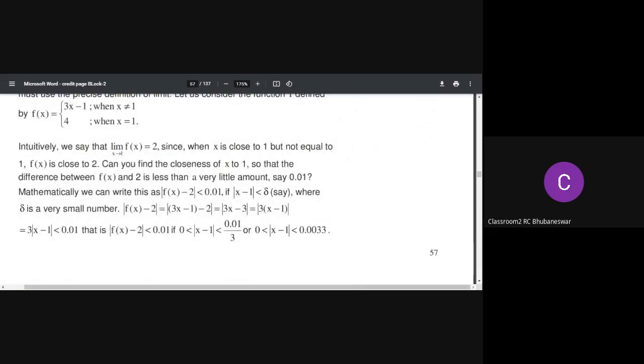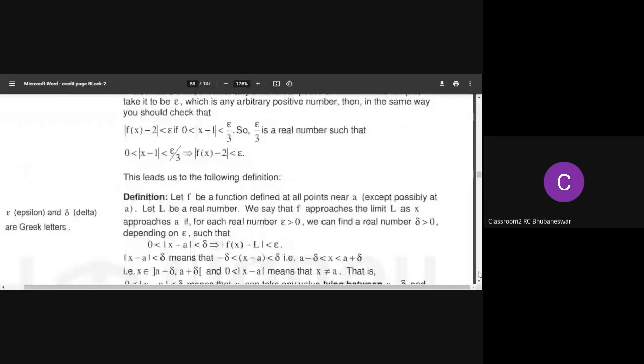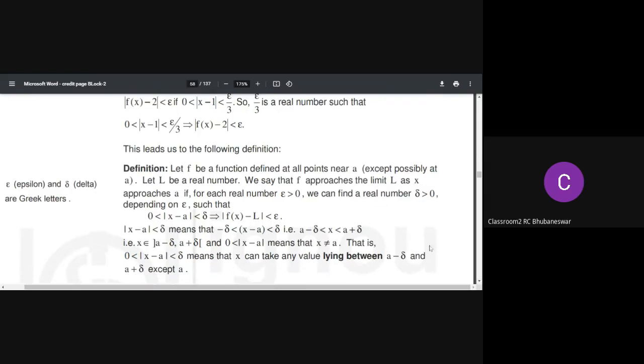So now the definition in formal approach, and the definition is here known as epsilon delta definition of limit. As you can see, in the epsilon delta definition we are using some notation in the form of epsilon and delta. So that's why this is known as the epsilon delta definition.